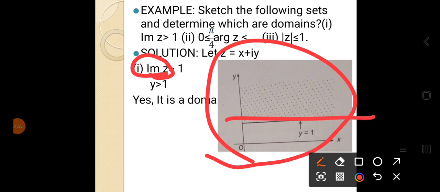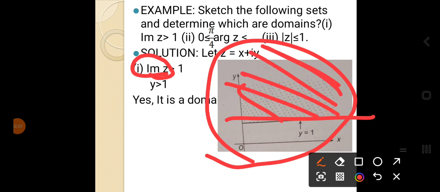This line is for y equal to 1, and here we have the condition y greater than 1, meaning these points. All points greater than 1 form an open set. There is no boundary here, so yes, it is a domain.